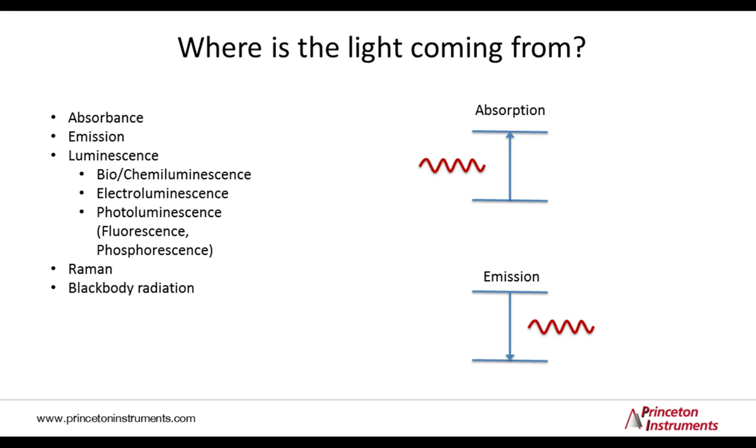Photoluminescence, like fluorescence or phosphorescence, excite first an atom with incoming light, and then light of a different wavelength typically is emitted. The Raman effect is inelastic scattering of light, and black body radiation is the thermal processes involved when looking at materials.